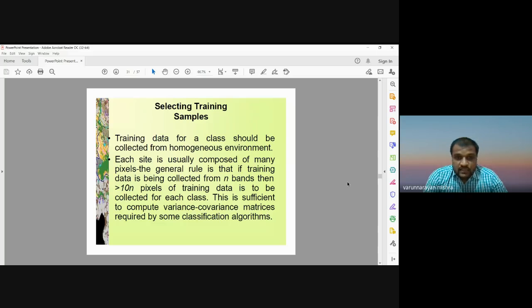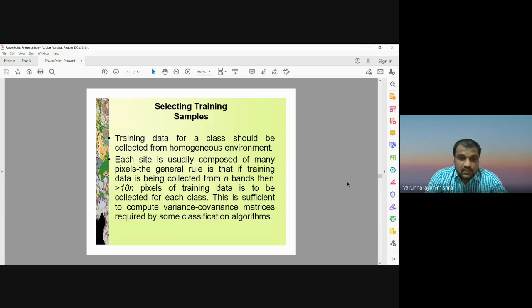So how to select the training samples, or how to create training signatures? Training data for a class should be collected from a homogeneous environment, and each site, each location, is usually composed of many pixels. The general rule for selecting a training sample is that if the training data is being collected from n bands, then greater than 10n pixels of the training set are to be collected for each class.